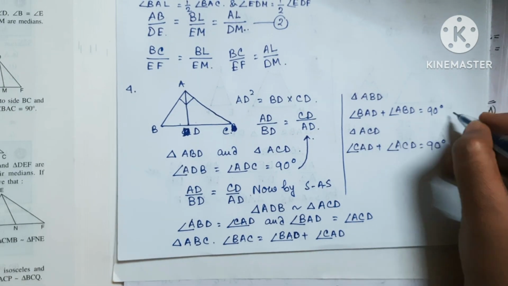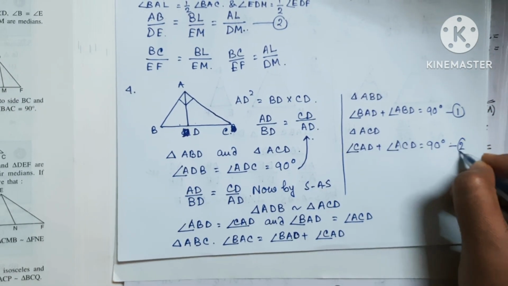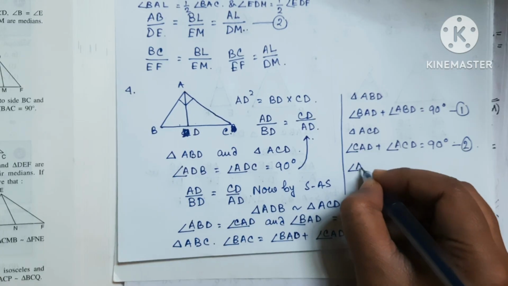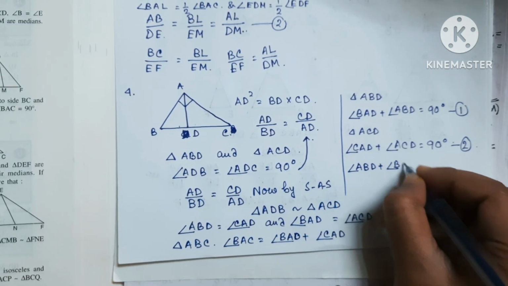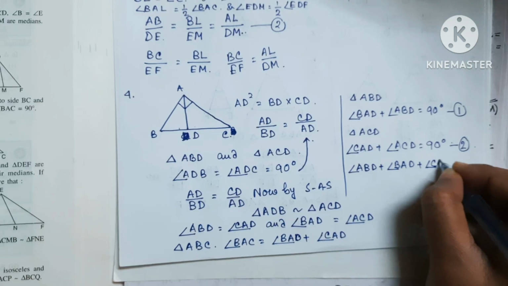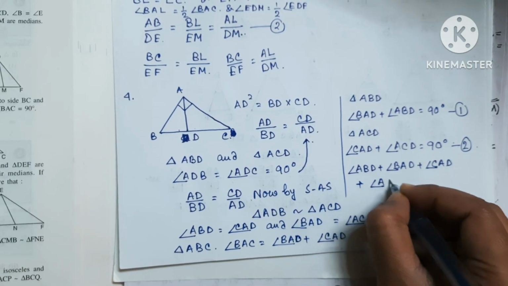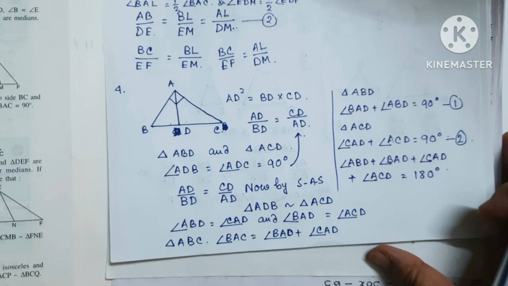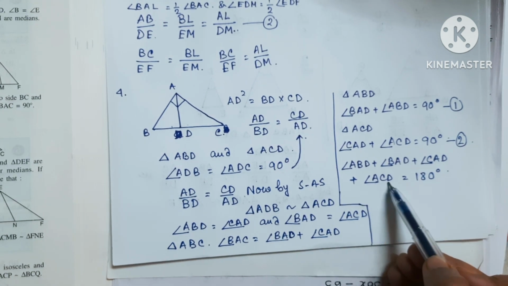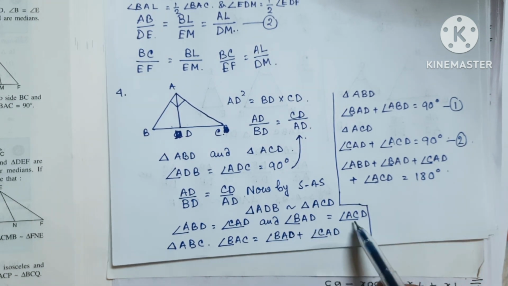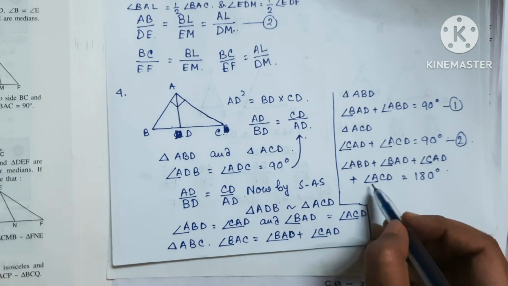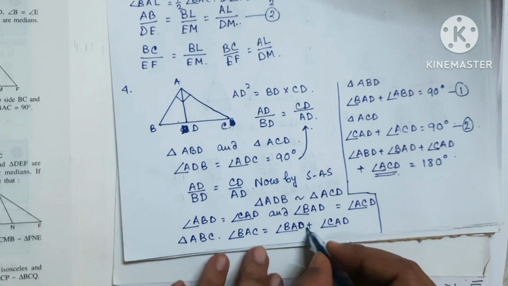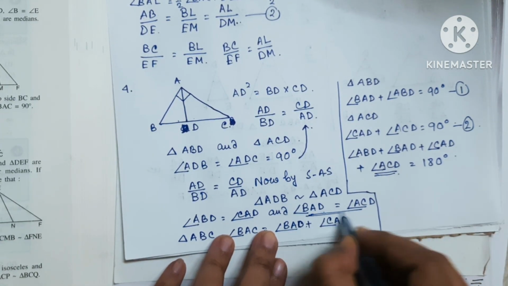Now, if you add these two relations, what have you got? Angle ABD plus angle BAD plus angle CAD plus angle ACD is equal to 180 degrees, because 90 plus 90 is 180 degrees, right? Angle ACD is equal to angle BAD from this relation, right?